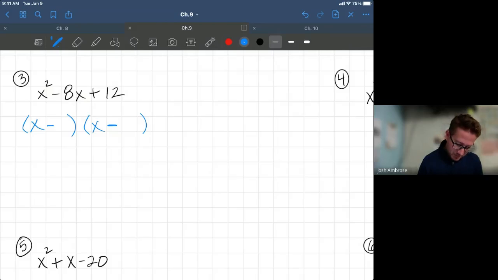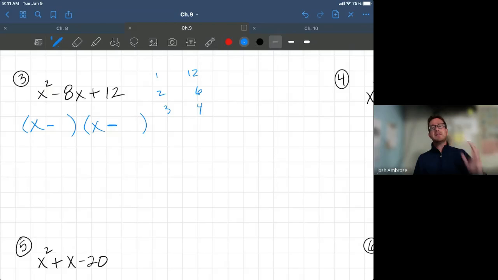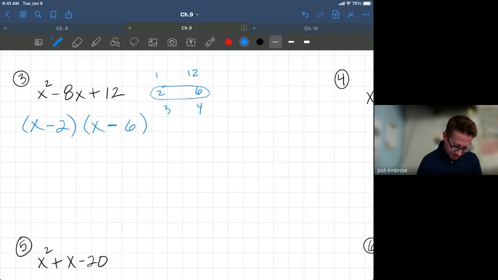Now, factors of 12: 1, 12, 2, 6, 3, 4. Which of these factors, when I'm adding them together, will equal 8? These guys right here, 2 and 6. Let's check that.